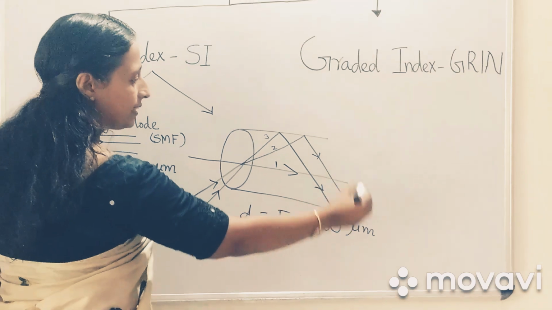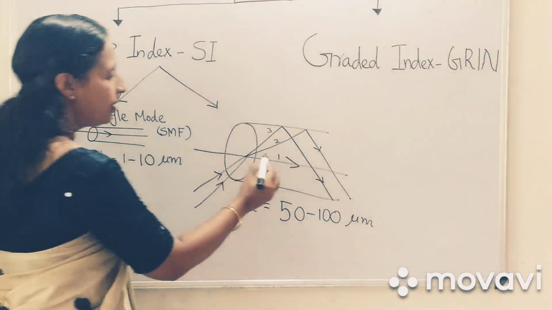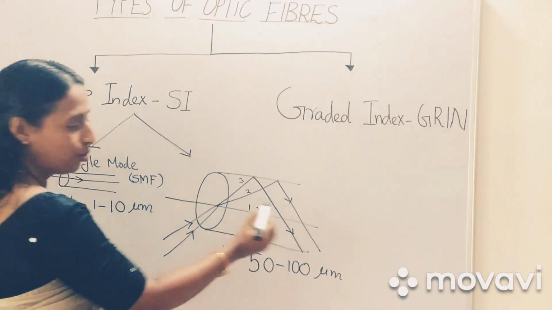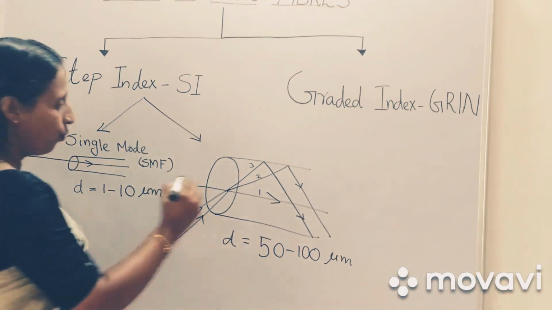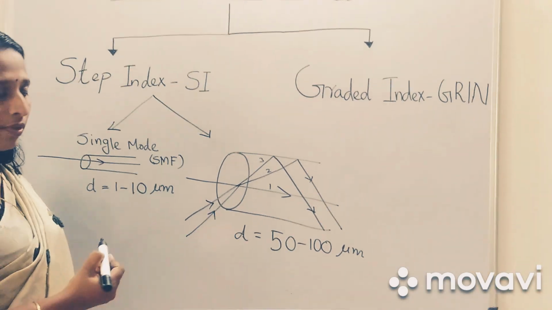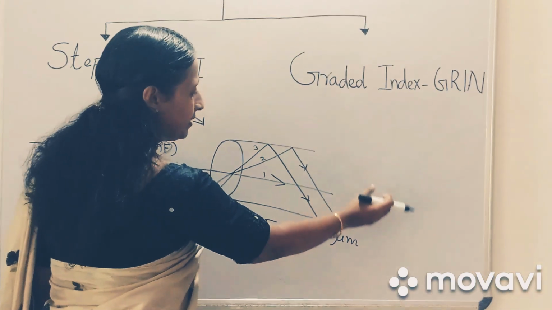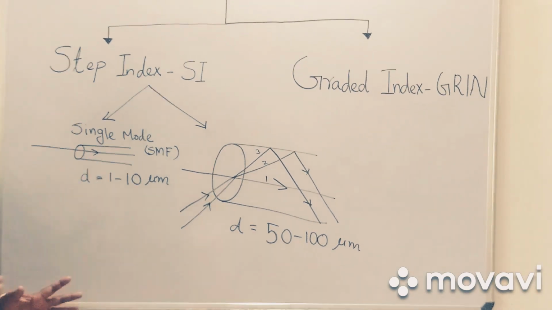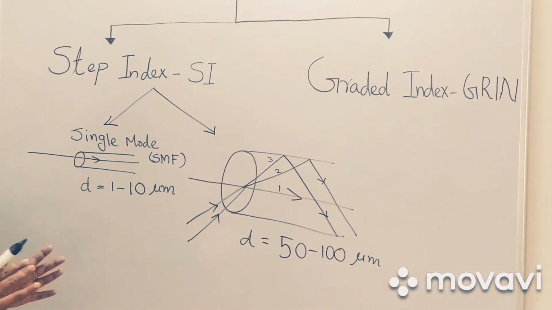These rays follow a zigzag path through the fiber. The axial ray takes less time to reach the destination, while these zigzag rays take more time. So these rays cannot reach the destination at the same time. So the output is distorted, or dispersion occurs.